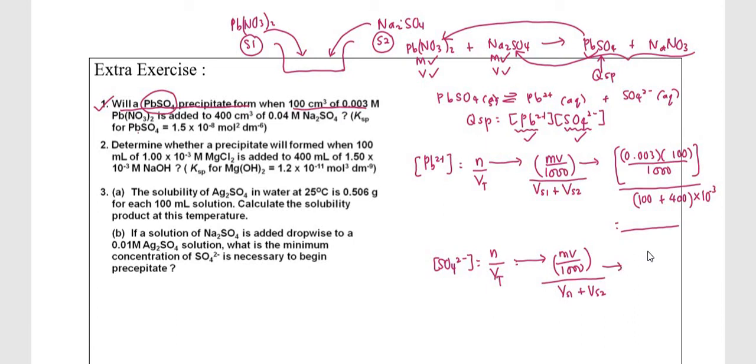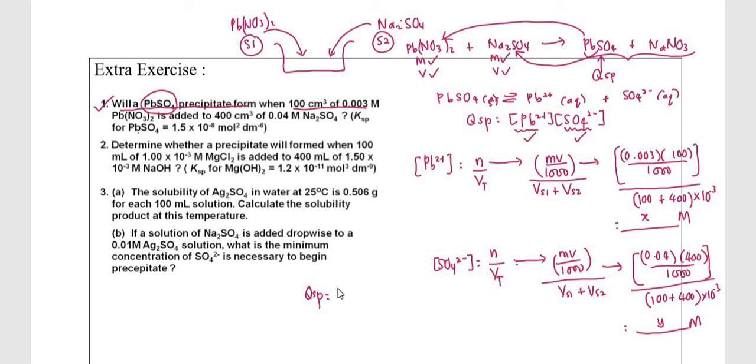So M is 0.04, times 400 divided by 1000 here. Then divide by total volume, 100 plus 400, in liters. And you get the concentration. Let's say the concentration is X here. This is Y. Molar. Right?